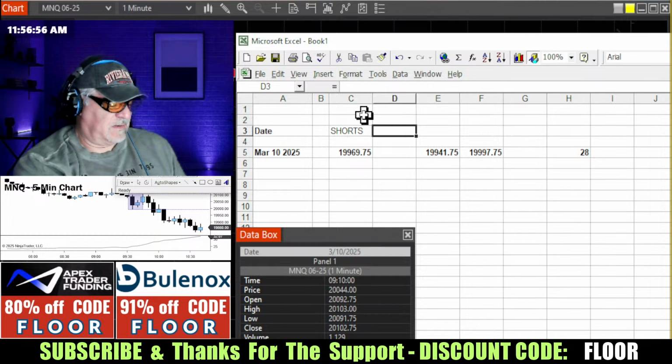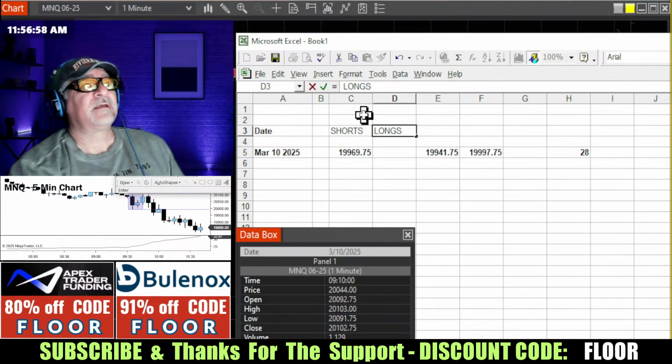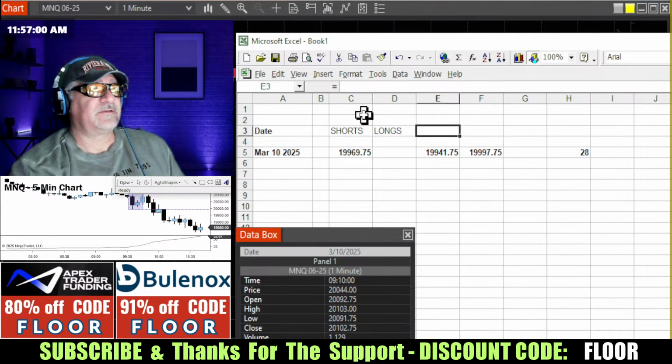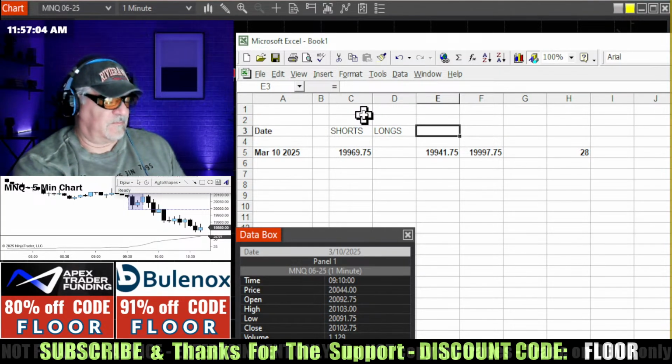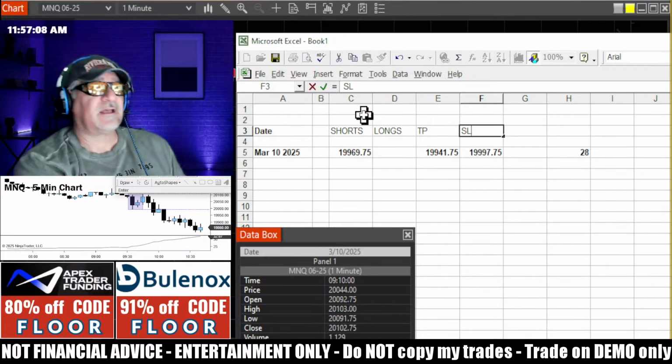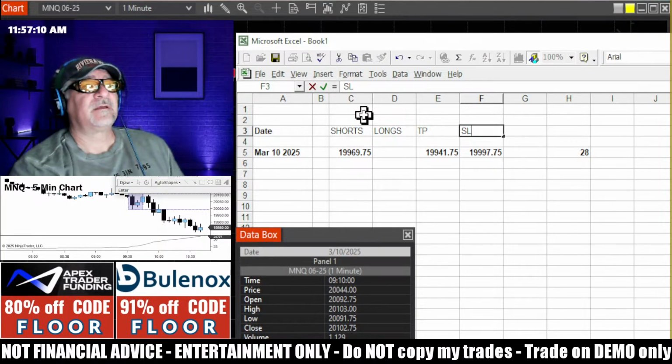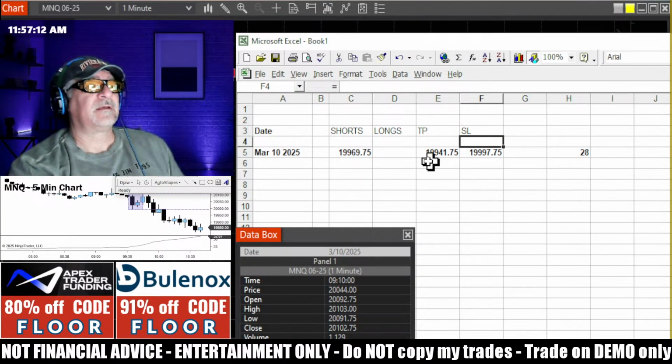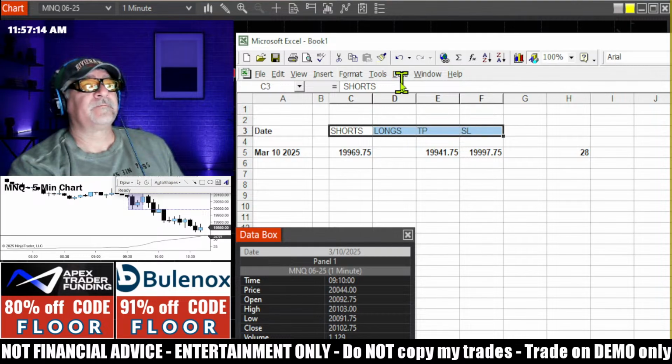And these are going to be the longs. This is going to be the take profit level. And this is going to be the stop loss level. Bold, center. Okay. This one got stopped out.